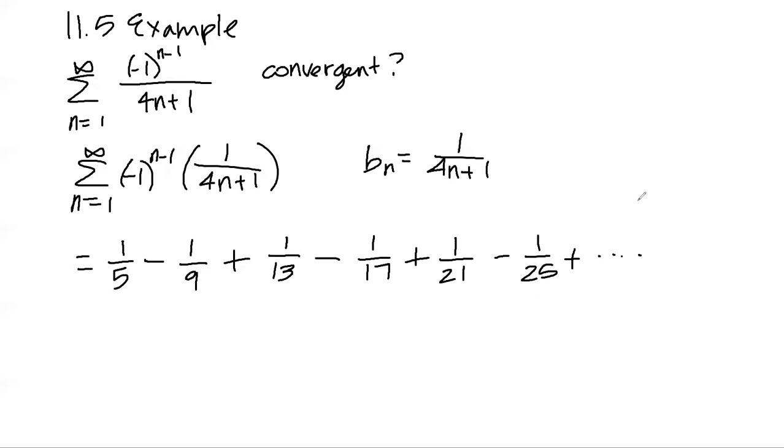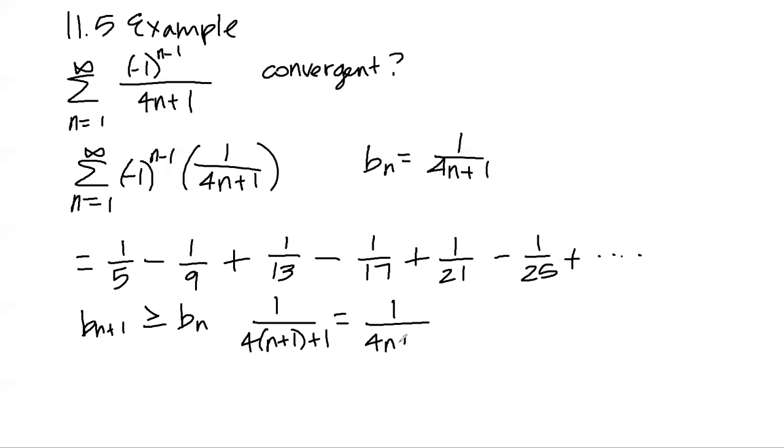And remember, the way we write that is that b_(n+1) is less than or equal to b_n. And here, what does that look like? b_(n+1) would be 1 over 4 times (n+1) plus 1, which is 1 over 4n plus 5. So the question is, is that less than or equal to b_n, which is just 1 over 4n plus 1? Yes, absolutely, because 5 is greater than 1.